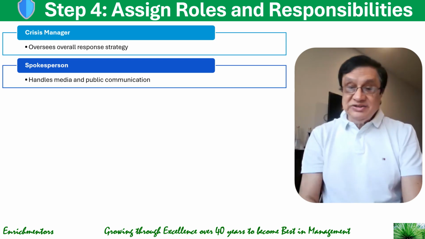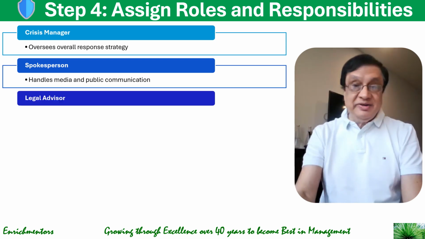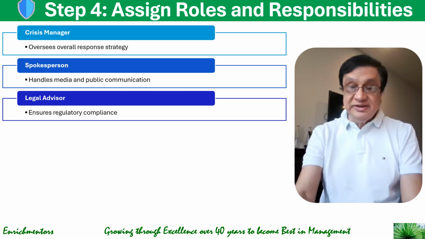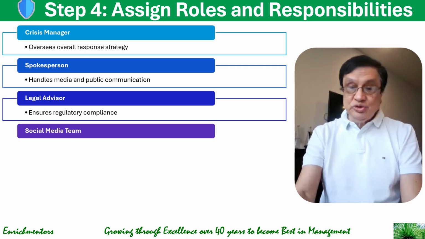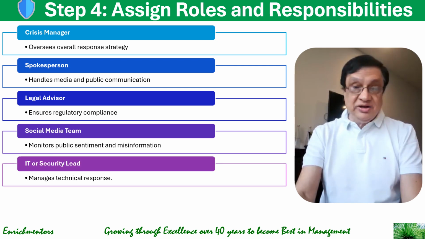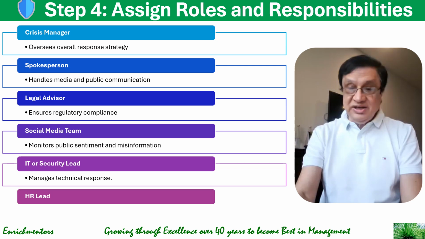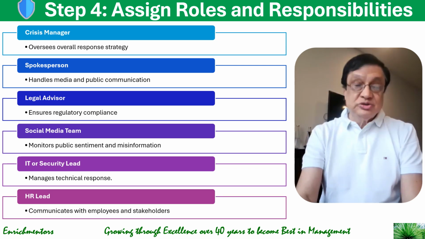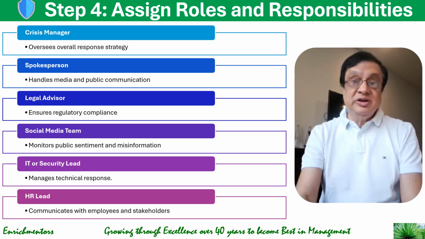The legal advisor should be asked to ensure regulatory compliance. The social media team should be asked to monitor public sentiment and misinformation. The IT and security lead should manage technical responses, and the HR lead should communicate with employees and stakeholders. So these are the various roles and responsibilities you need to assign.